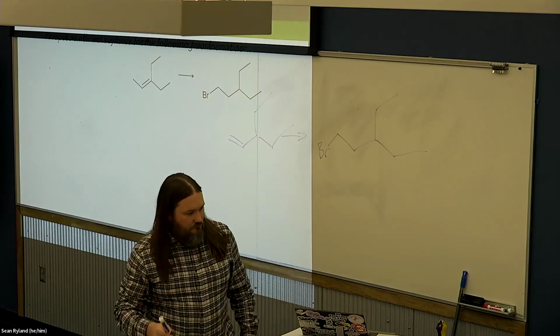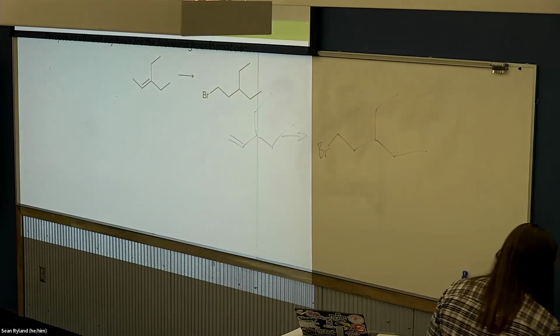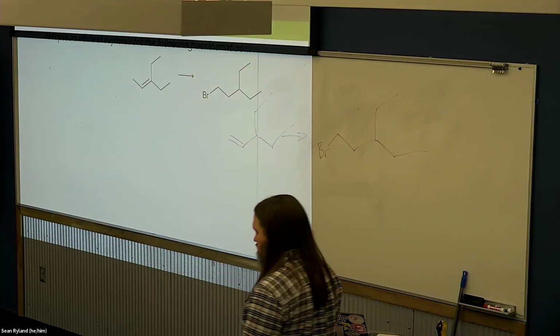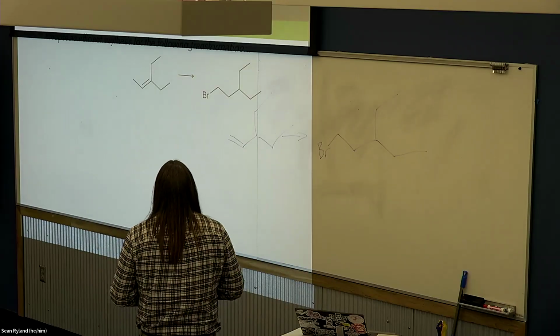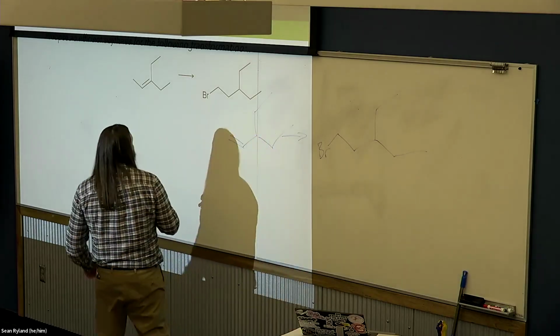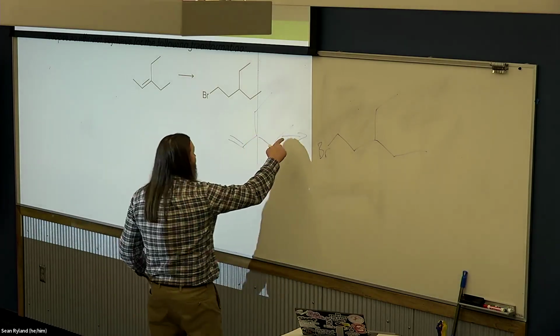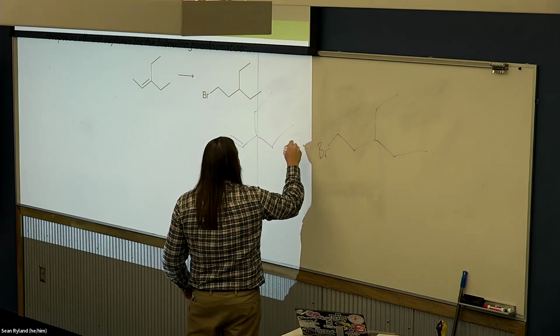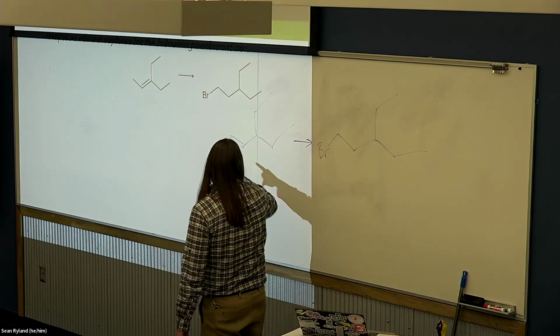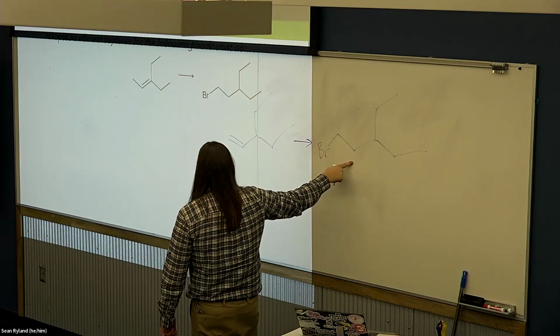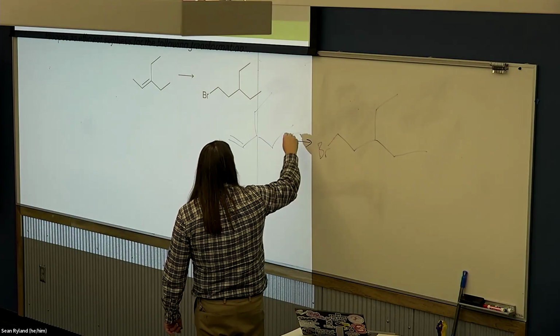So we do HBR at first, to get our energy, and then add TU to move the bond. So we can fill in this section first. This is definitely going to take an HBR to go from here to here.